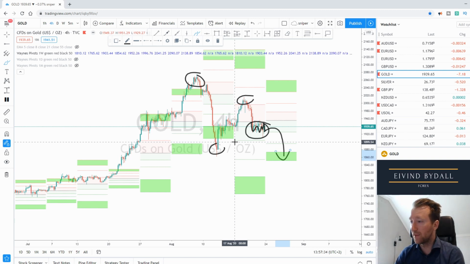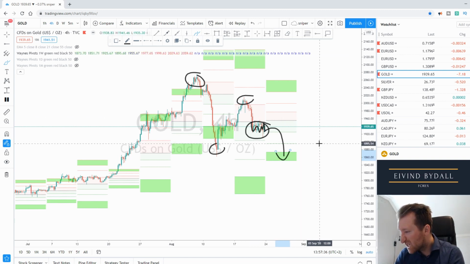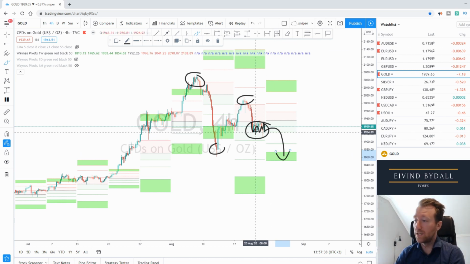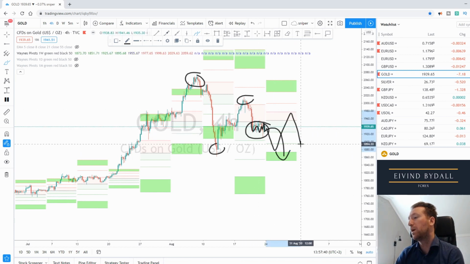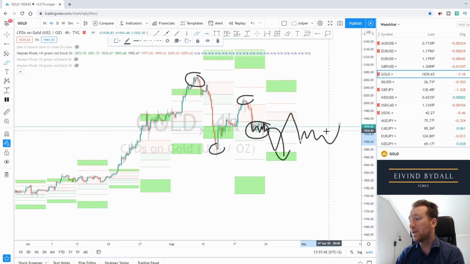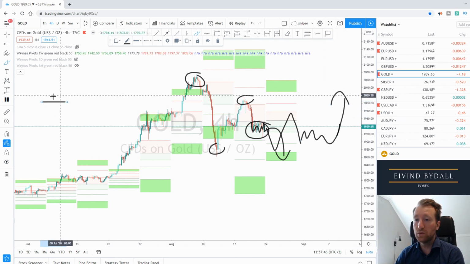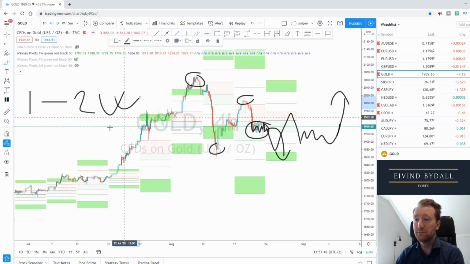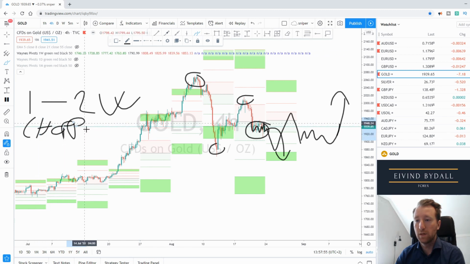I also believe that until September, we might be choppy, we might be going down, might be going up, and it might even be a bit choppy in September before it might rise again. So for now, and then 1 to 2 weeks, it might be choppy.